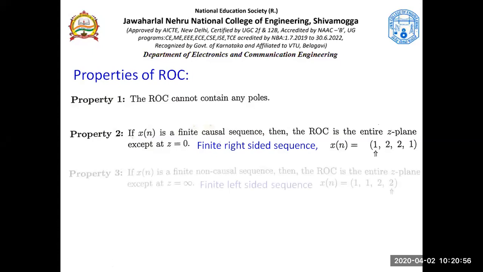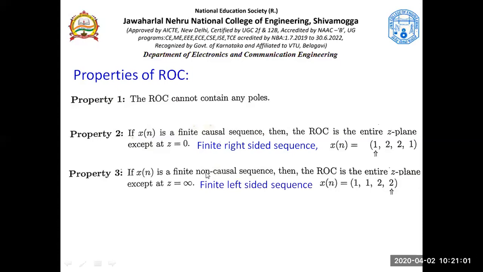Similarly, the third property would be for left-sided sequence. How is the left-sided sequence being referred to here? The left-sided sequence is being referred to as non-causal sequence. If the right-sided sequence is called a causal sequence, the left-sided sequence is referred to as a non-causal sequence. Understand, in a causal sequence also the zeroth sample is there.